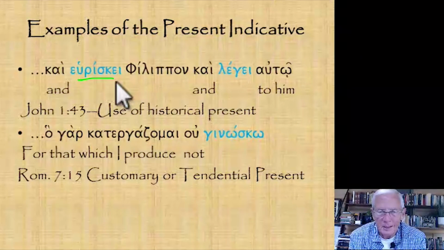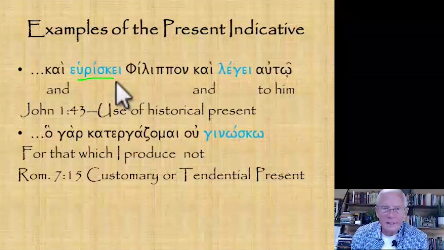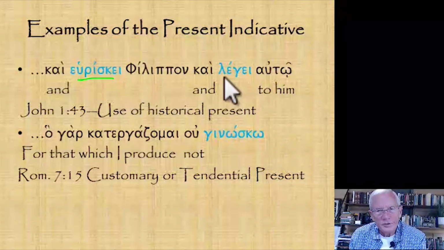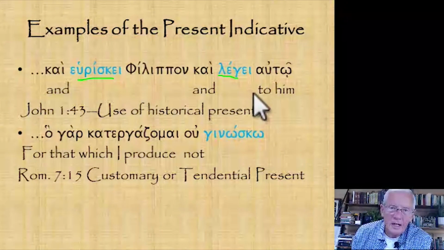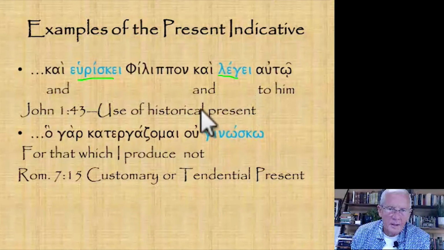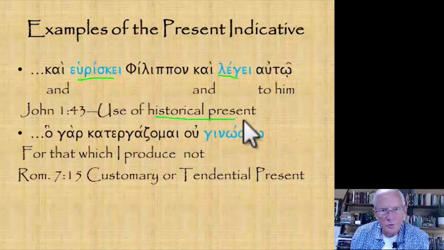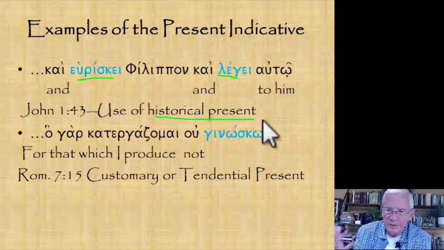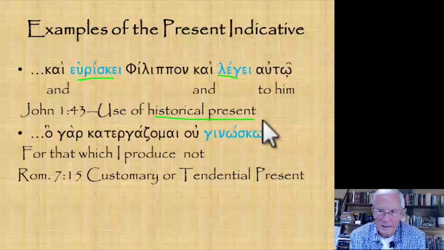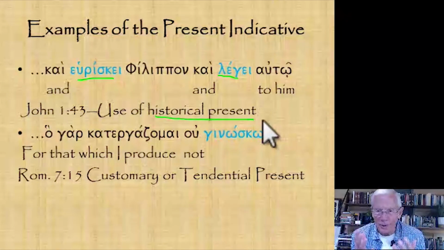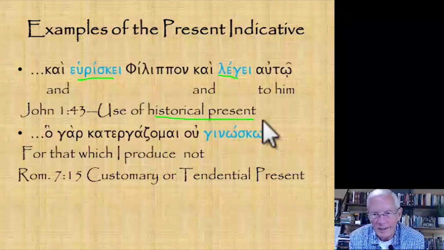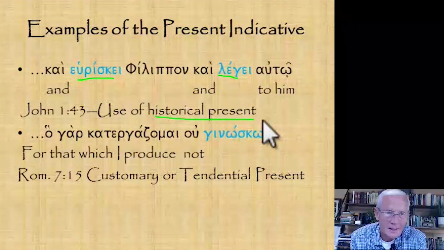Philippon is the proper name, Philip. Kai legei, this is also present active indicative, third person singular, and he says to him. This is a common use in the Gospels of the historical present that often is translated in the past tense, but the historical present brings the drama before the eyes of the reader.